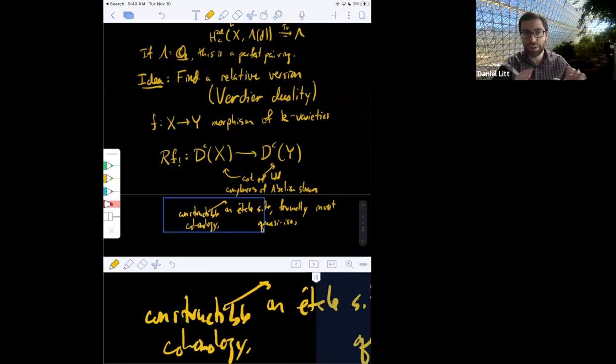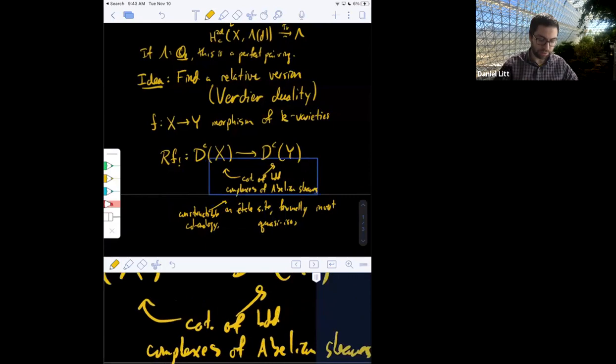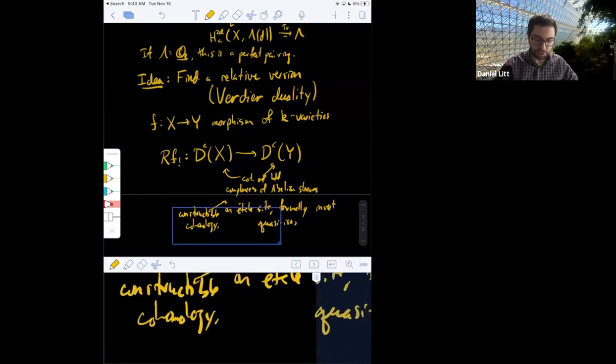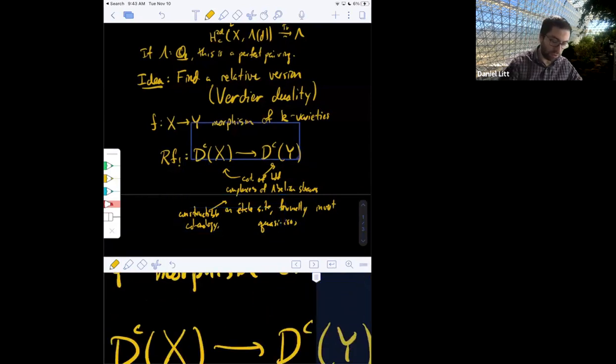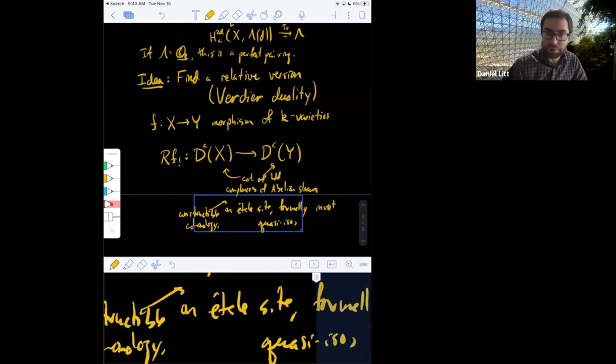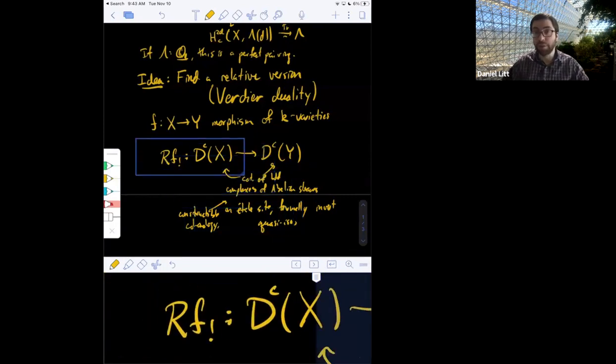If you haven't seen the derived category, this is a very sketchy introduction. If you've seen the derived category of an abelian category, that's what this is. So you take the category of bounded complexes of abelian sheaves with constructible cohomology sheaves, and then formally invert quasi-isomorphisms. So what's the benefit of this? The benefit of this category is that it lets one study the total derived functors.